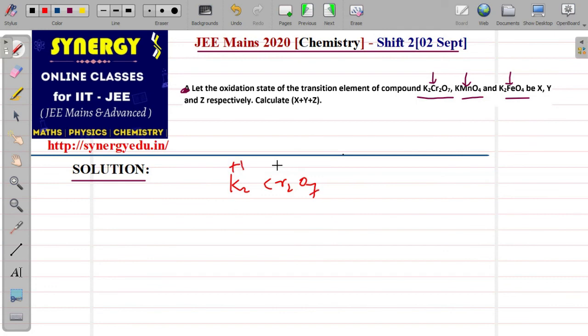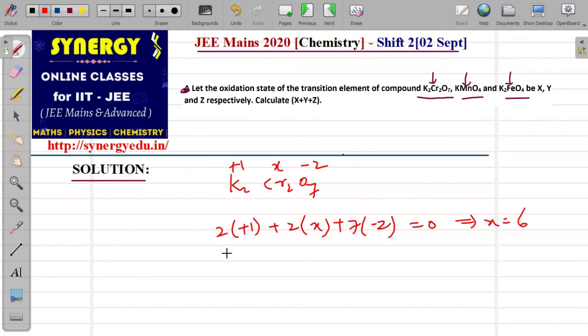Potassium is +1, let's take X for chromium, and oxygen is -2. The sum of oxidation numbers of all the elements must be the charge of the species. Here all are neutral compounds, so the charge is 0. So 2 into X plus 7 into -2 is equal to 0. From this you will get X as 6.